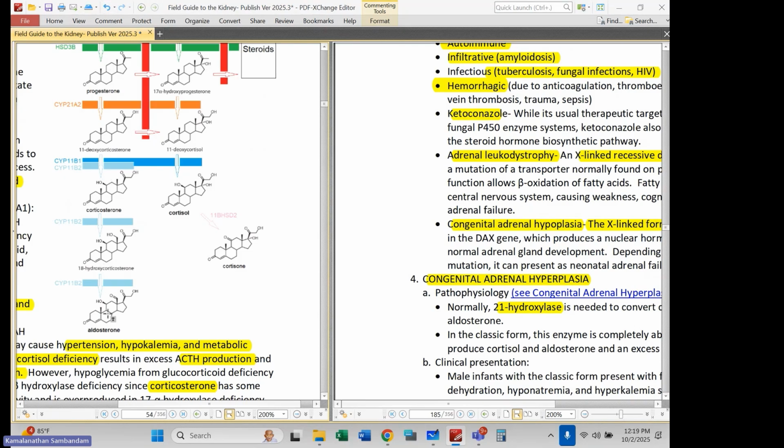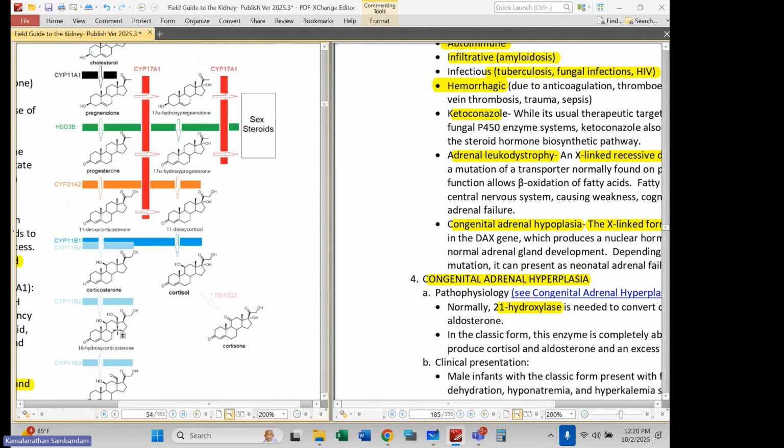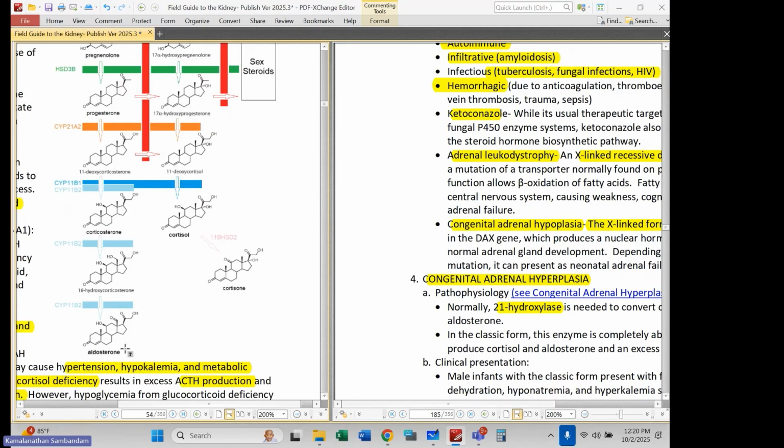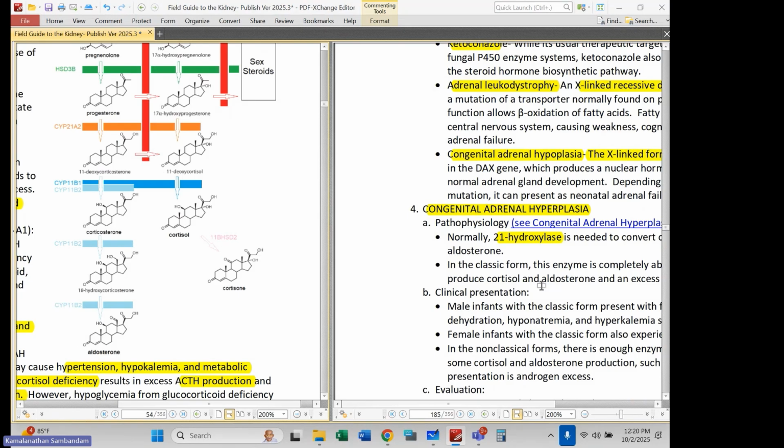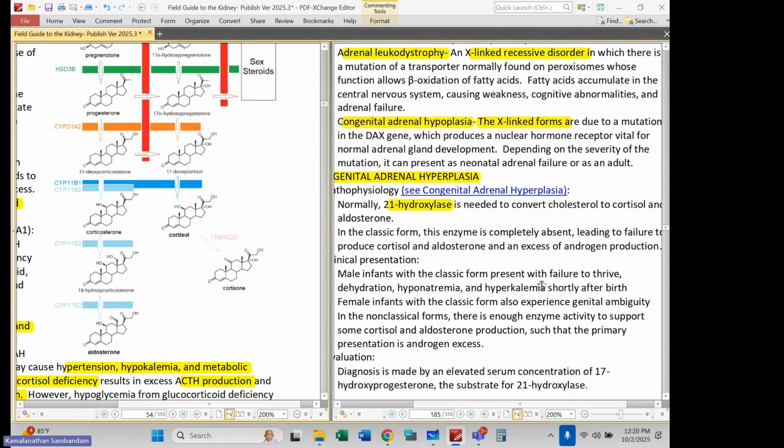And then here you see your endpoint, aldosterone. Now we have our 17-alpha hydroxylase deficiency. Here is a 21 hydroxylase deficiency, and as you can see, that would be upstream of the production of both cortisol as well as aldosterone, and so that would manifest as an apparent primary adrenal insufficiency.